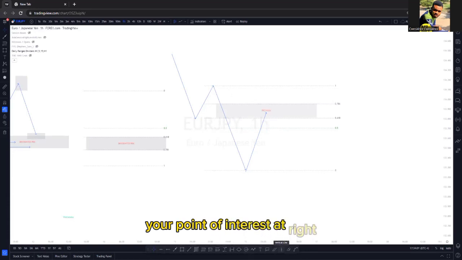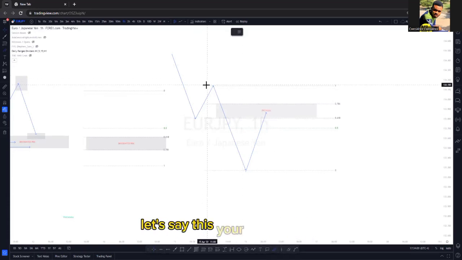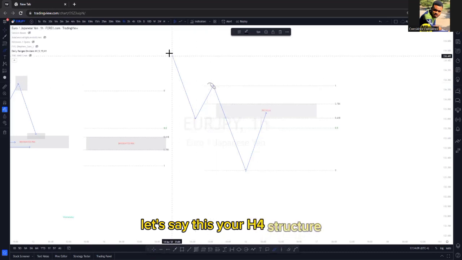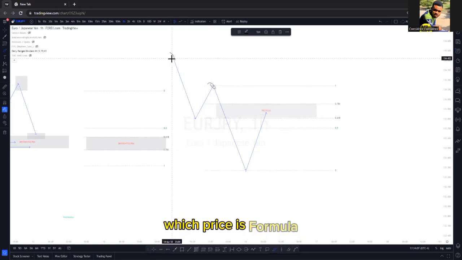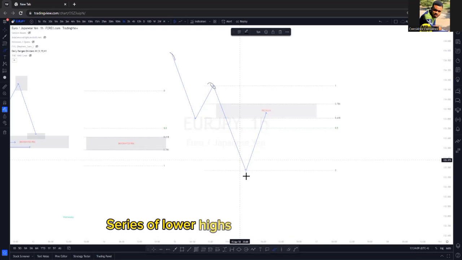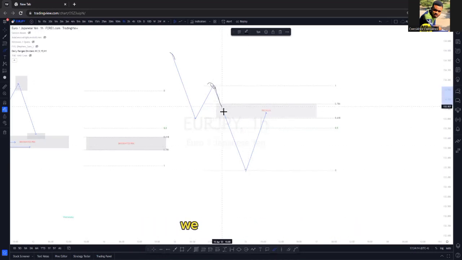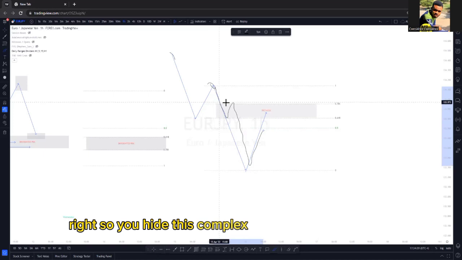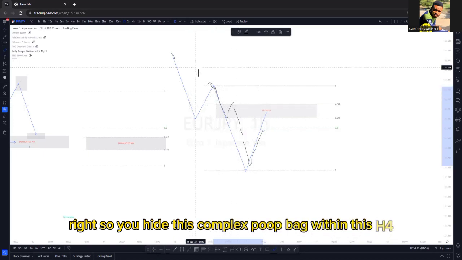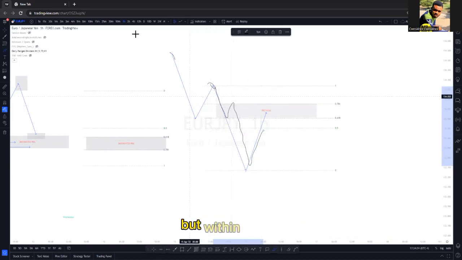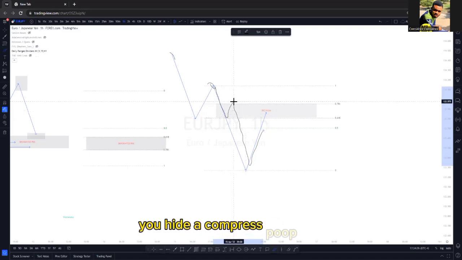So let's say this is your H4 structure, in which price is forming a series of lower highs and lower lows. Then within the H1 time frame, we had this inside move over here. So we had this complex pullback within this H4, which is one move. But within the H1, we had a complex pullback.